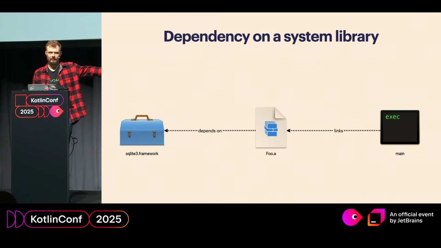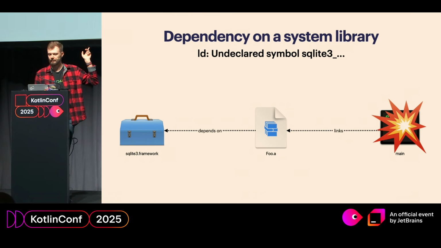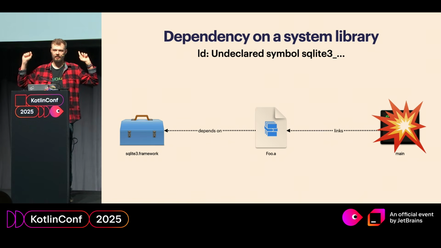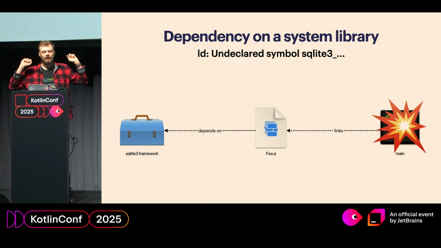But we depend on SQLite, and object files, by default, don't know anything about the dependencies. They only know that I will need these symbols like this one, SQLite3 underscore something. So this is what you will often see when you're actually building the final executable, undeclared symbol. And you're like, the hell?